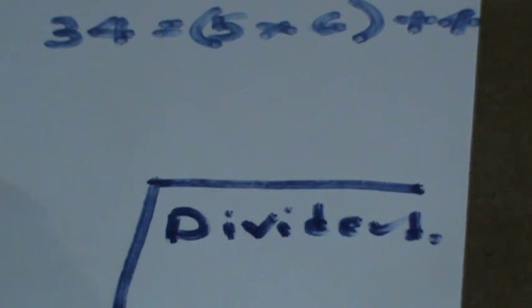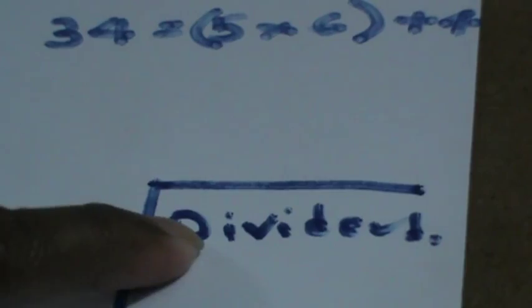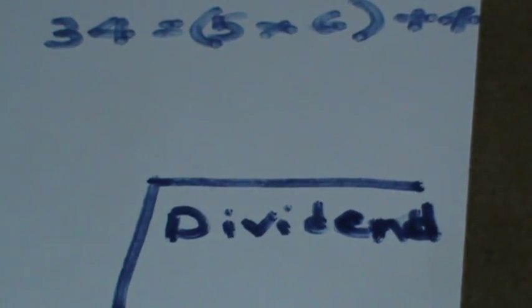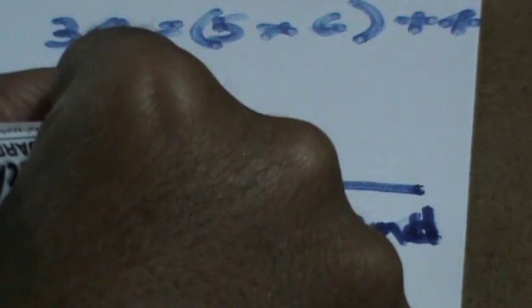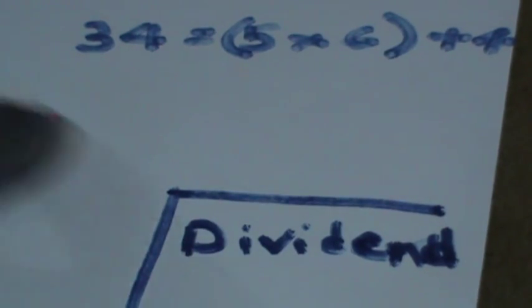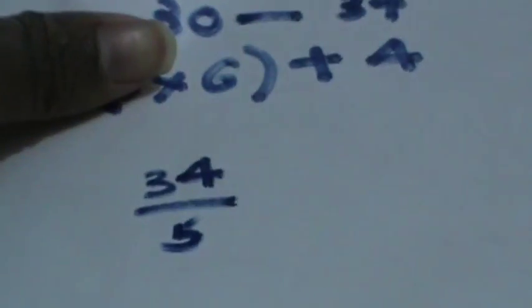And then there is the term that you are dividing by. In the case of 34 and 5, 34 is the dividend. You can write this as 34 by 5, and you get 6 and the remainder is 4.